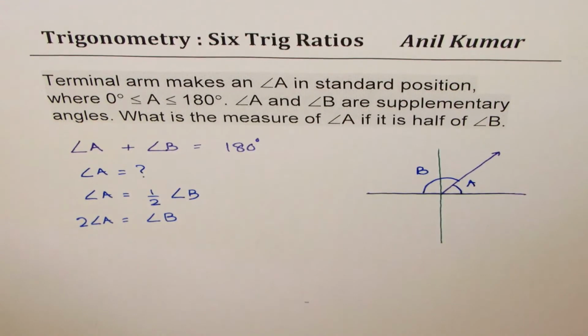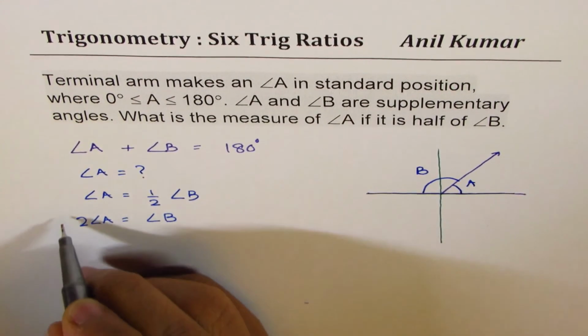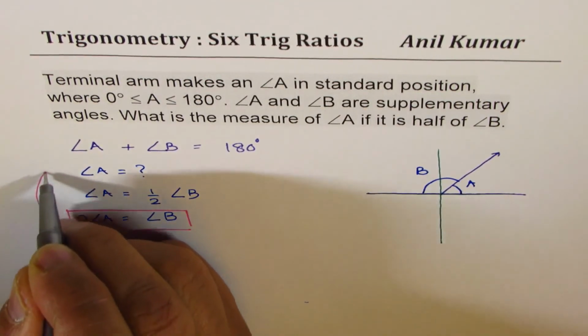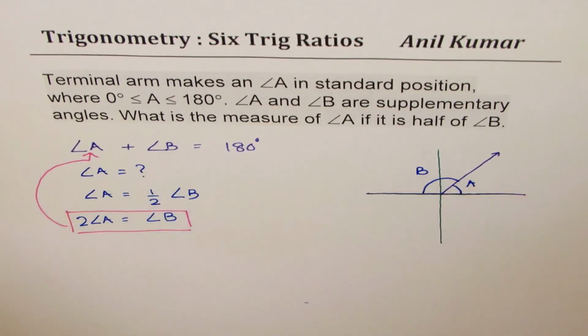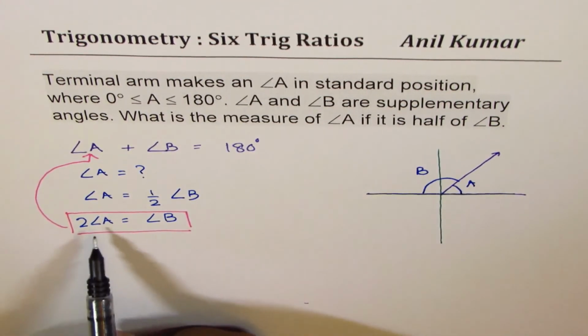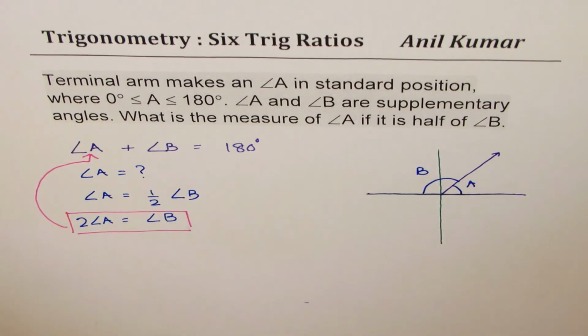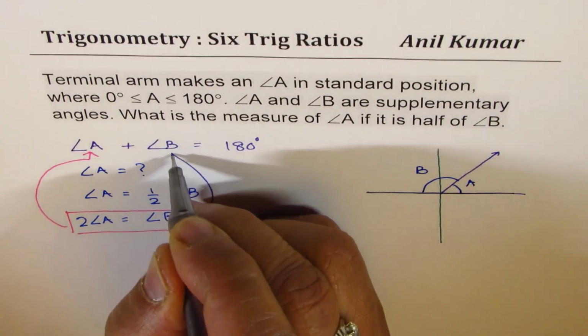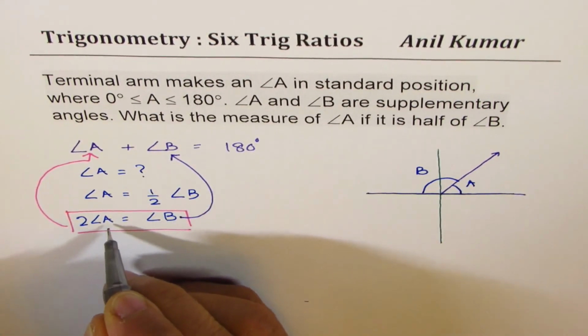Perfect. So since now we know that twice angle A is angle B, we can substitute this value here and get our answer, right? So let's do it. So what we will do is substitute angle B here. Write angle B as twice angle A, right?